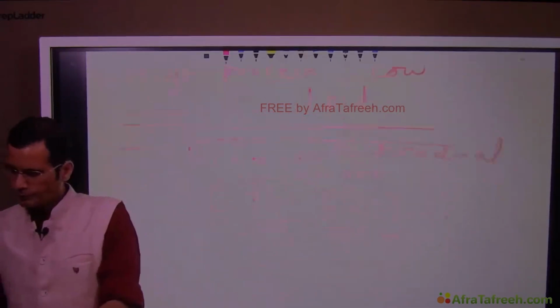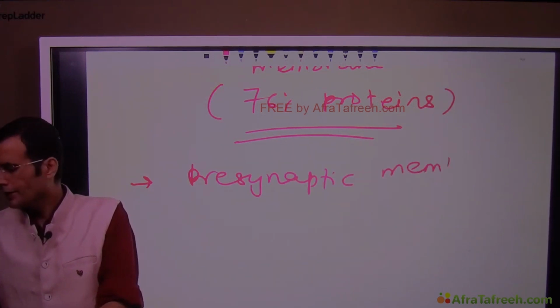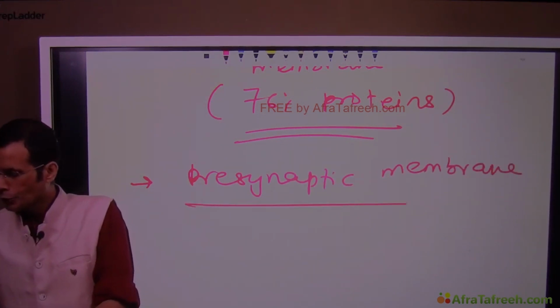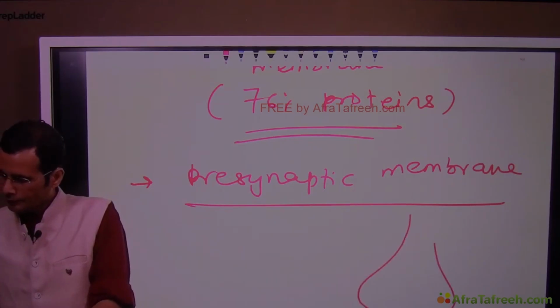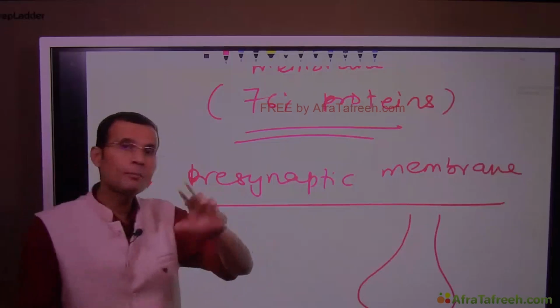So, followed by presynaptic membrane. That's again easy to understand. Presynaptic membrane is devoid of any lipid because it is devoid of any myelin sheath.